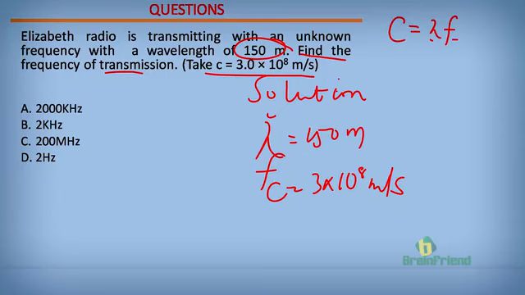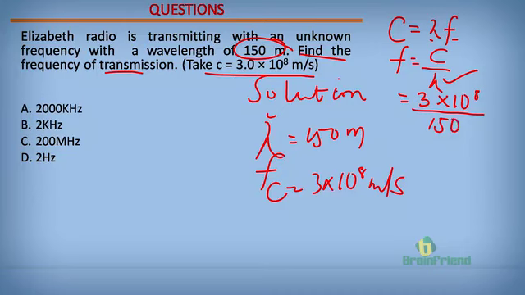So our frequency will be equal to C over lambda. C has been given as 3 times 10 raised to the power 8 all over the wavelength, which has been given as 150 meters. So this is equal to 300 times 10 raised to the power 6 all over 150.